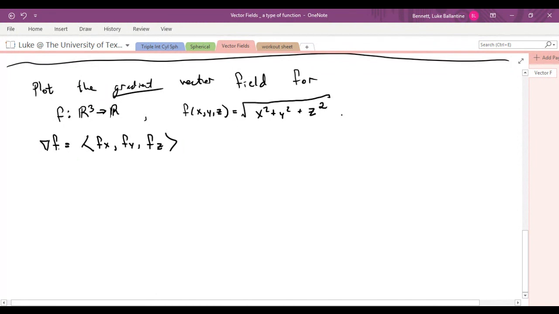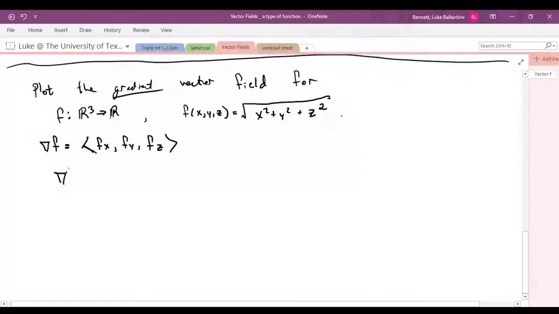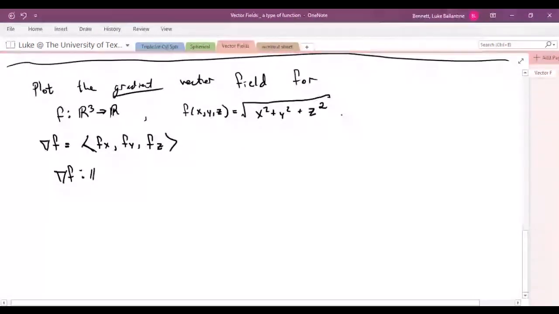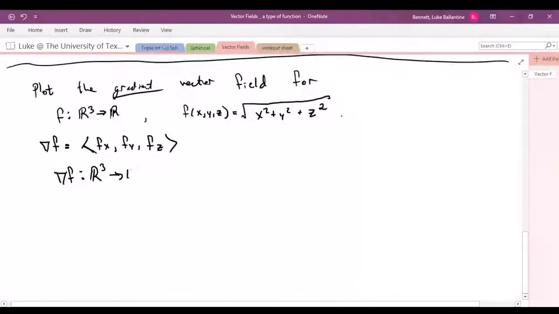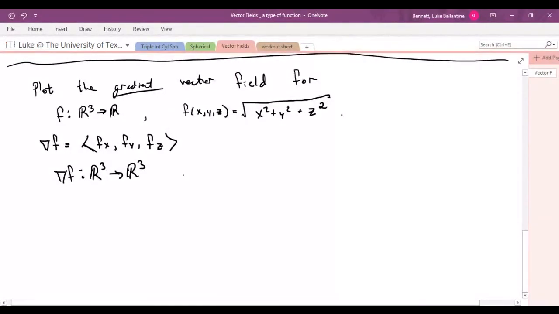Remember that the gradient vector is given by f sub x, f sub y, f sub z, if f maps R3 to R. And so we have del f maps now R3 to R3, and then we calculate del f.